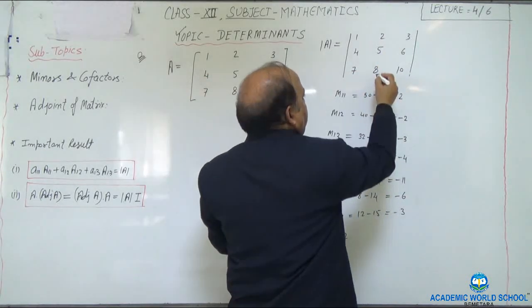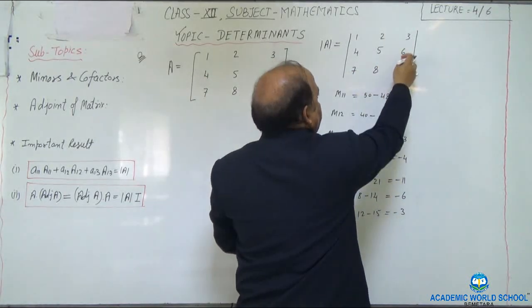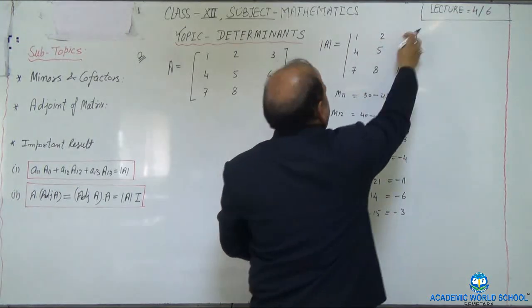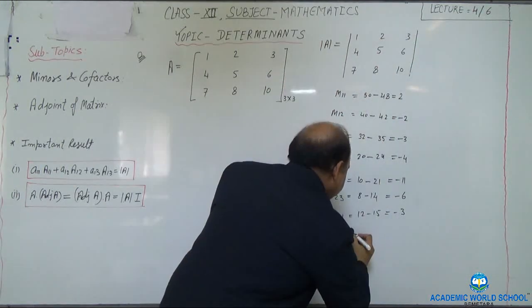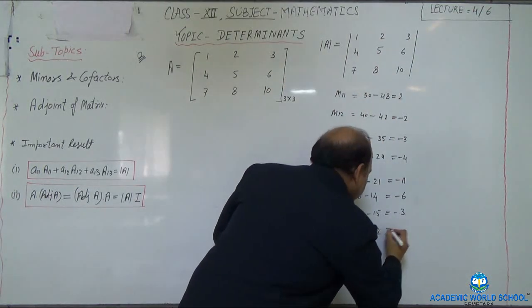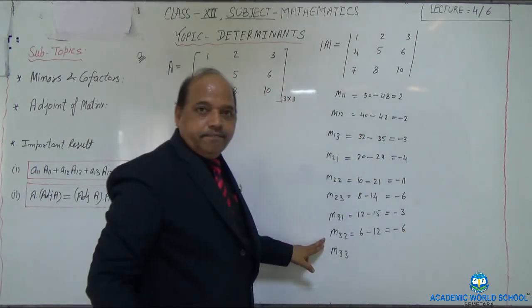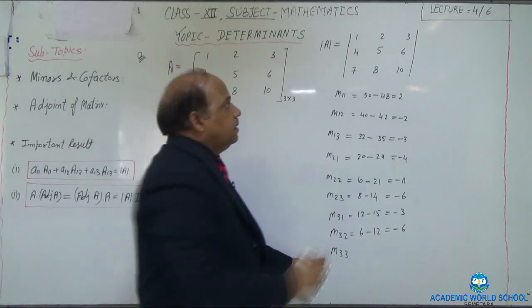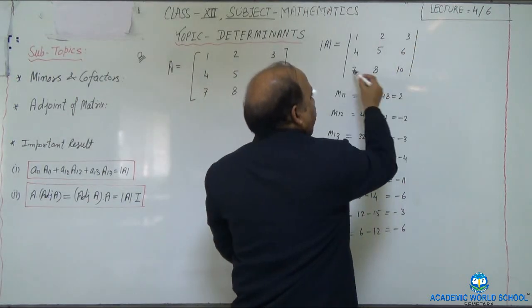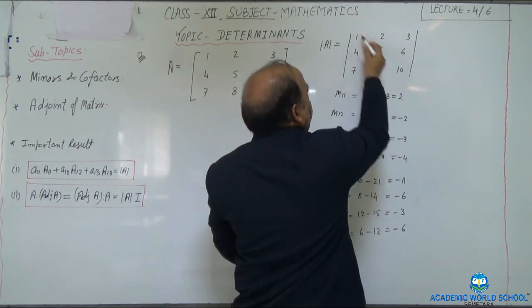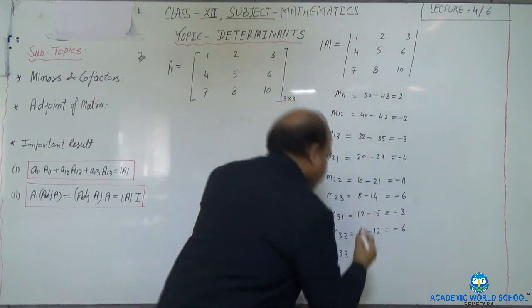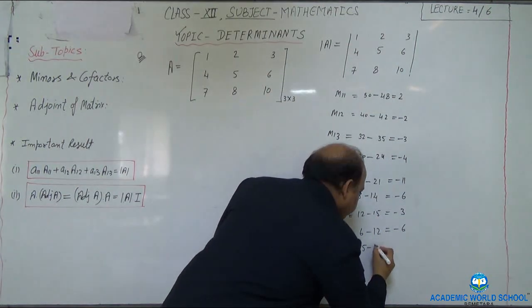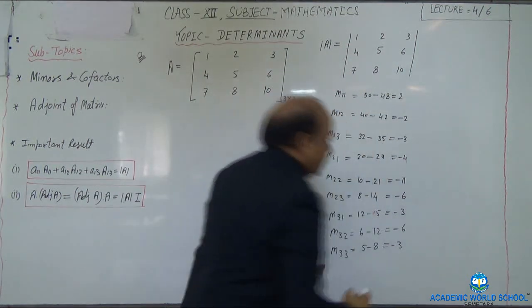So this part is left. 6 times 1 is 6 minus 4 times 3 is 12. It gives you 6 minus 12, which is minus 6. Fine. Come to the last element. Its minor will be, leave this part, 5 minus 8. This gives you 5 minus 8 is equal to minus 3.